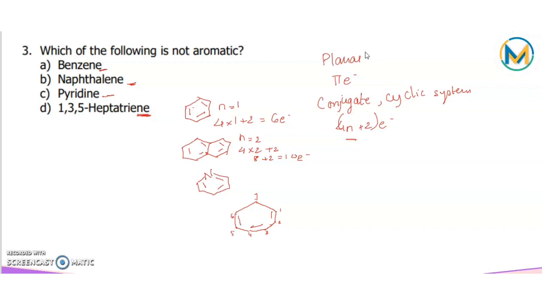So it's a cyclic system, no doubt. There are 3 conjugated double bonds. But if you see, this carbon is not present under the conjugation system. Because of that, this molecule is not aromatic. This carbon is sp3 hybridized and it has tetrahedral angles. And because of that, the structure is also non-planar. So the correct answer among the given options is option D, that is 1, 3, 5 cycloheptatriene.